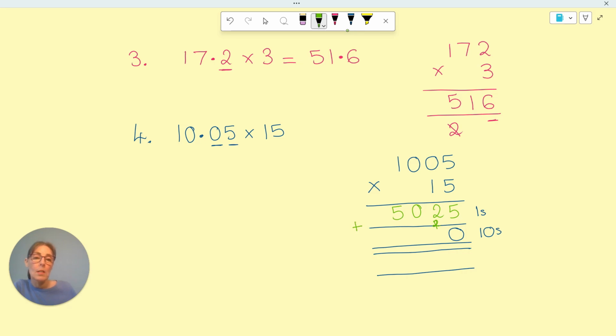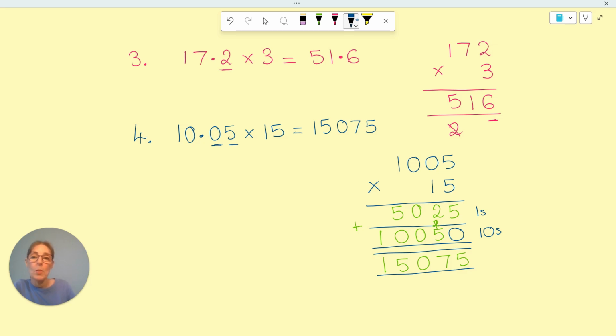Add that to 10 times 5 is 50, or 1 times 5 is 5. 1 times 0, 1 times 0, 1 times 1 is 1. Add them together, so we've got 1, 5, 0, 7, 5.